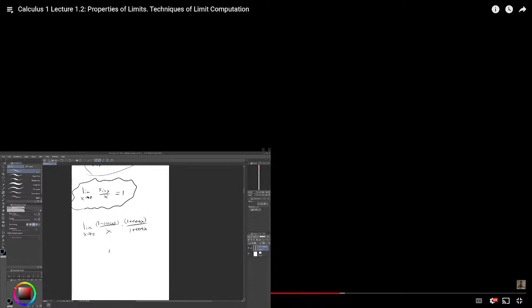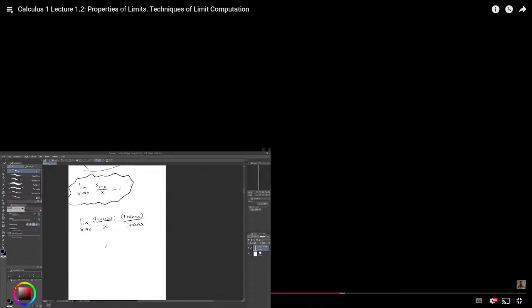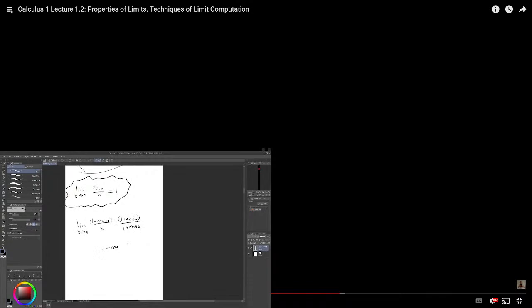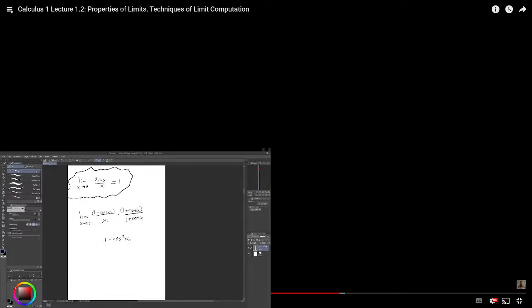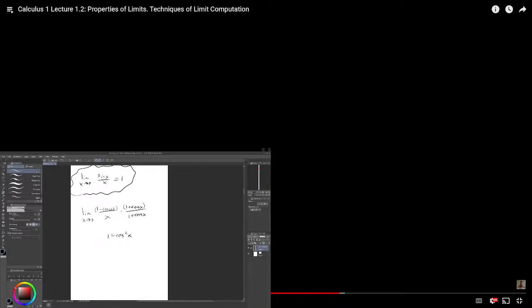One plus cos x. Oh wait, it has to be squared. Okay, I forgot. So it's going to be 1 minus cos squared x over x times 1 plus cos x.